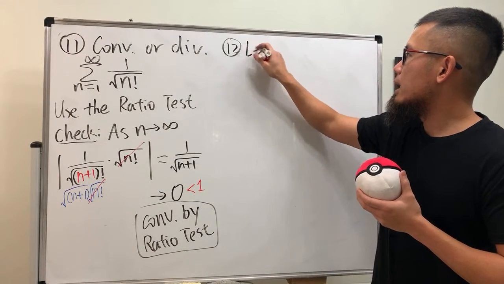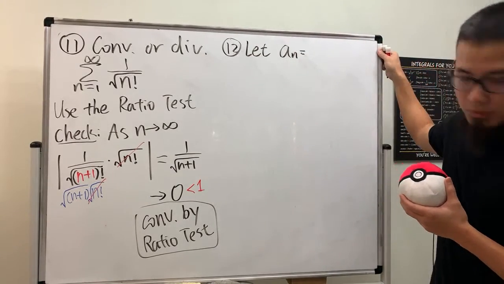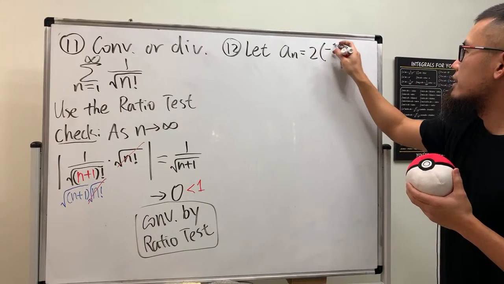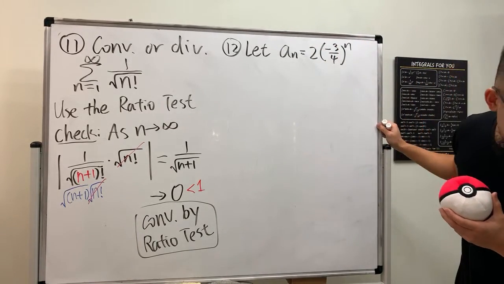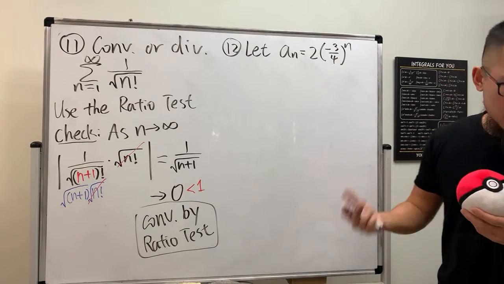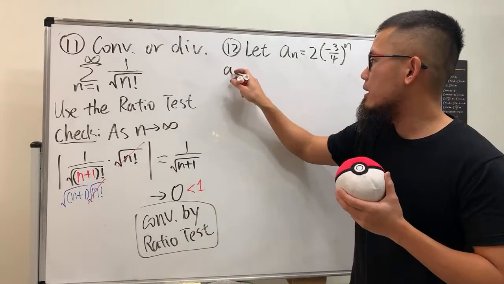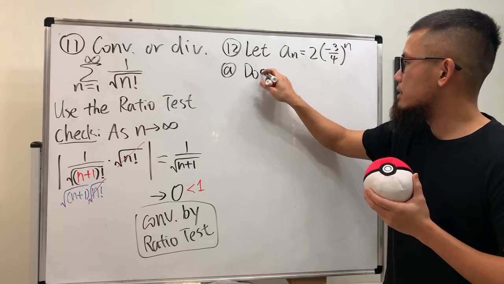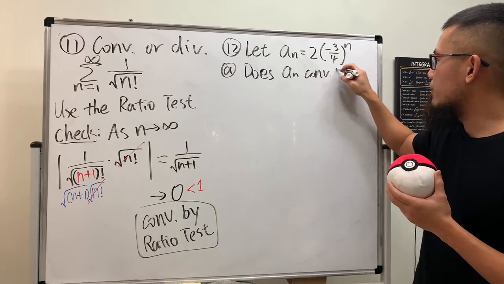We are dealing with a_n, and this is equal to 2 times negative 3 over 4 to the nth power, like this, yeah? And I am going to ask you guys some questions. Part A: based on this, does a_n converge?